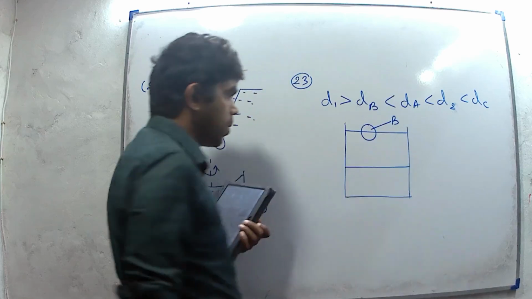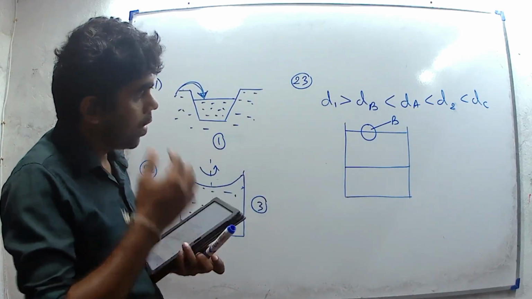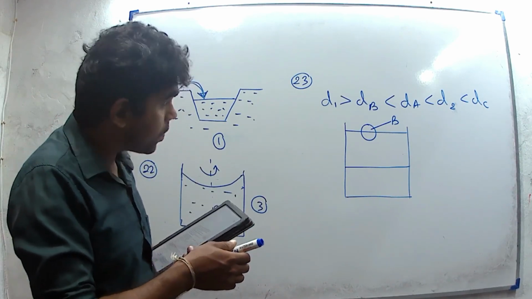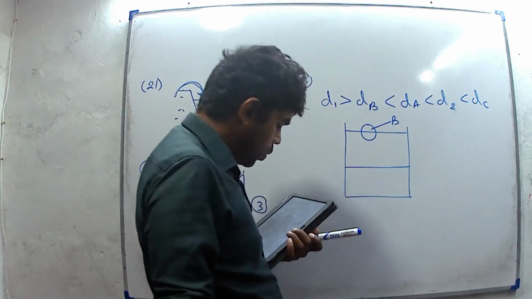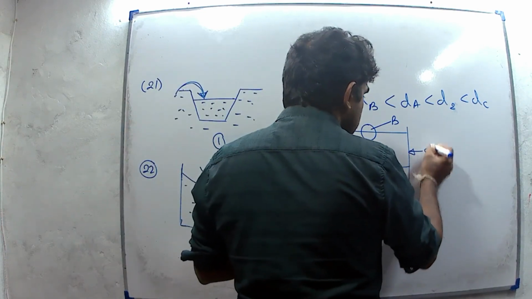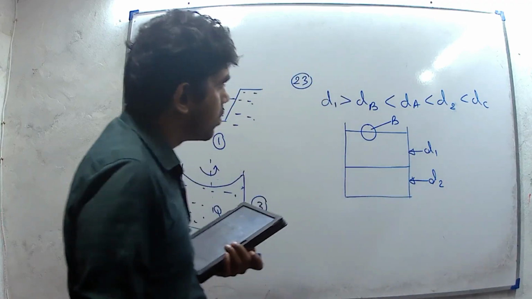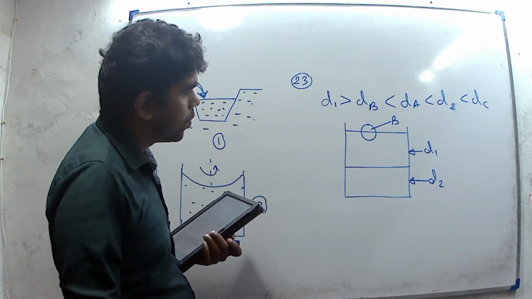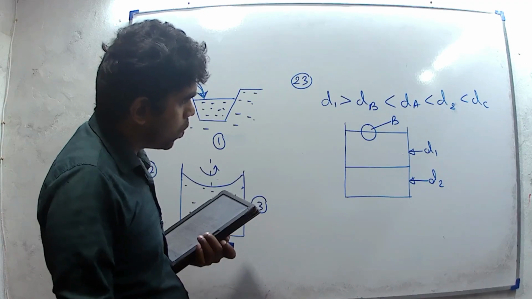B. And they have given that the density of A is less than the density of the second medium. Now the d1 medium is this one, the d2 medium is this one. When considering d1 and d2, d1 is less than d2.